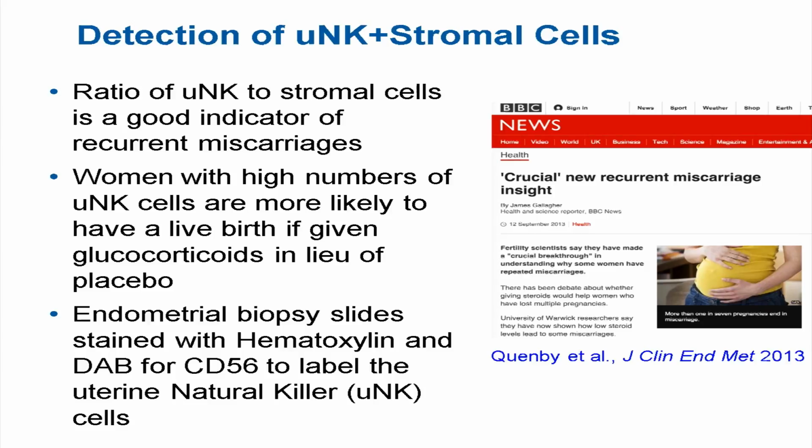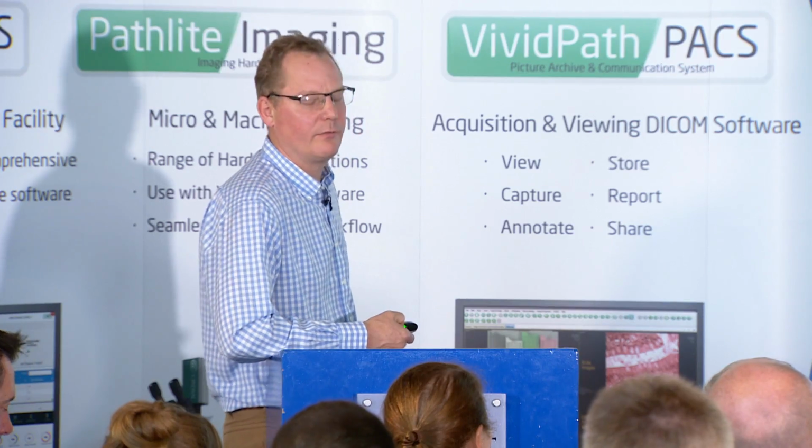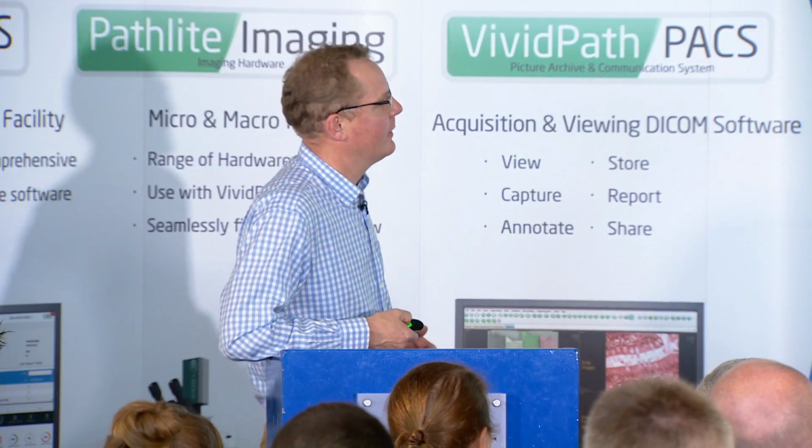And patients who have frequent miscarriages sometimes seem to have more natural killer cells in the endometrial stroma than normal patients would. I don't quite understand what the relationship is between these natural killer cells, but you can imagine what the public thought when they get hold of it, natural killer cells and recurrent miscarriages and so on. But anyway, I think probably it relates more to maturity of the endometrium than anything else.